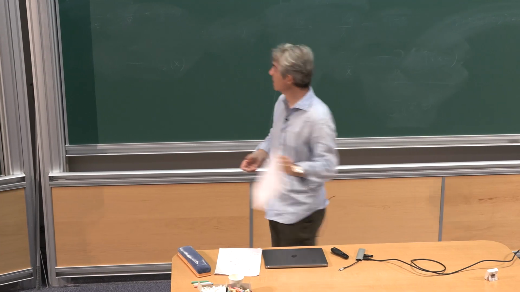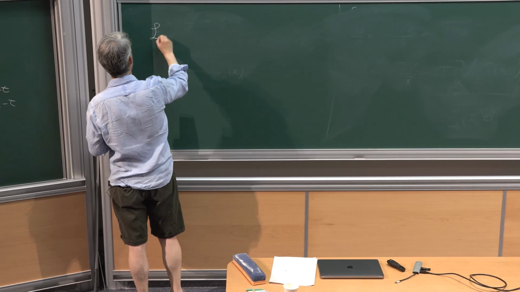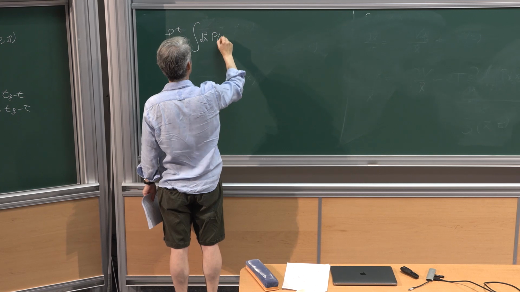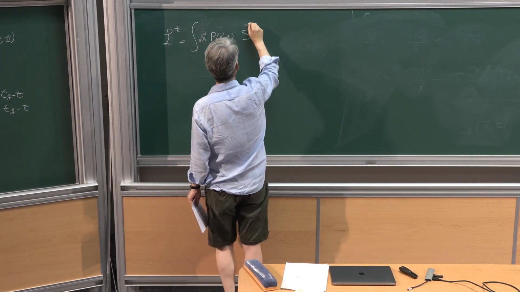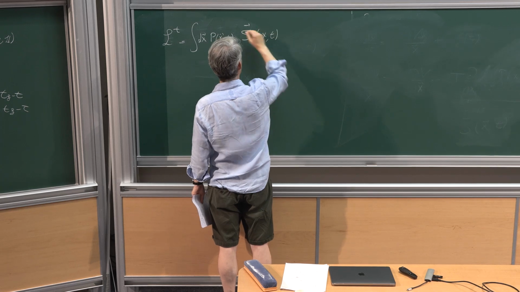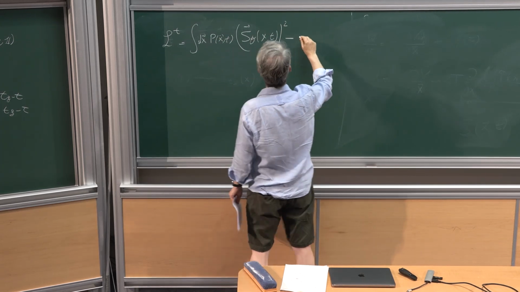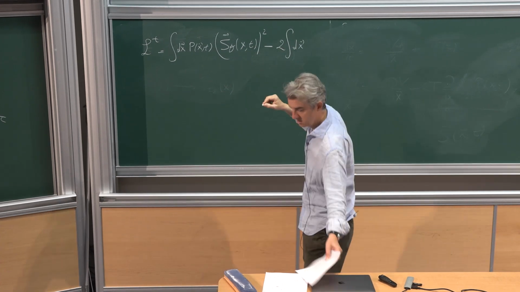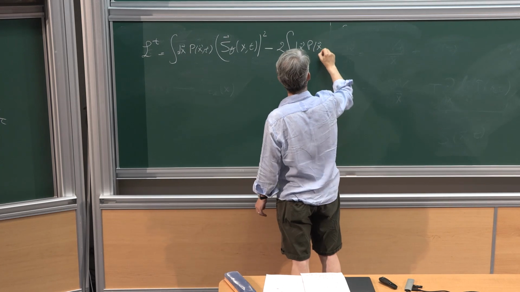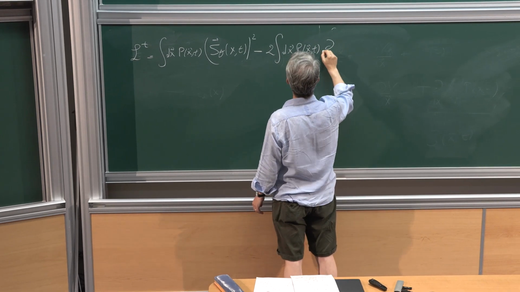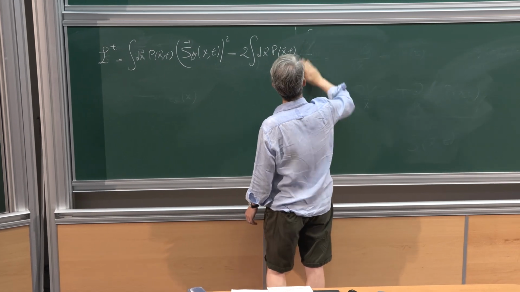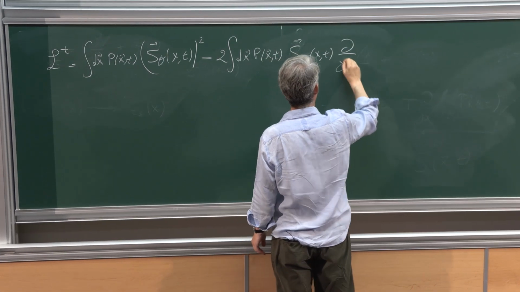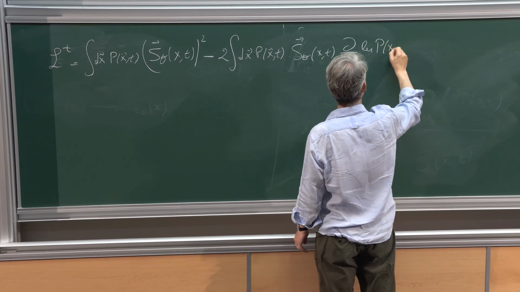Okay, so if we work on the loss, let the loss be L of t. So what we get, well, we expand. So we get the integral dx p_x of t, then we have s theta of x and t squared. Then you get minus twice the integral over dx p_t of x, s theta of x and t, gradient in x of log of p of x and t.